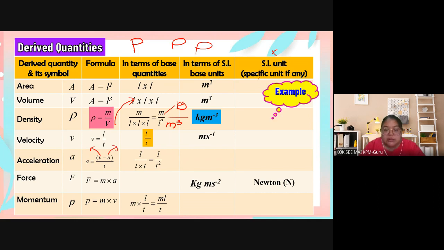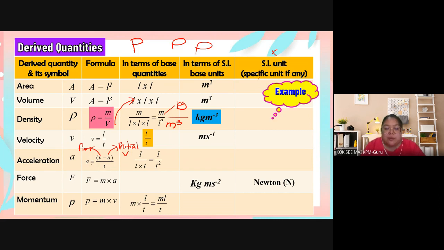Actually u is also a velocity, only this one is the initial velocity and this one is the final velocity. Maybe I start on the highway at 80, and in the end I go faster, up to 110. That's called initial and final. Then after that, over the time. Time is already basic, so time no need to change.